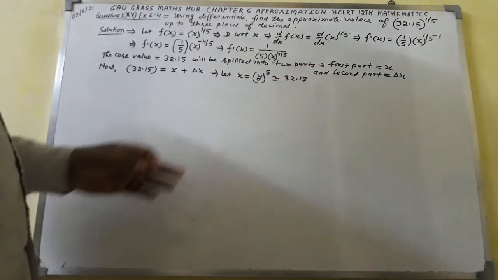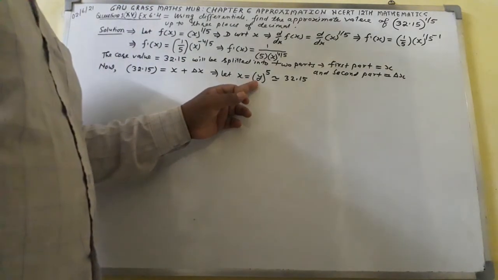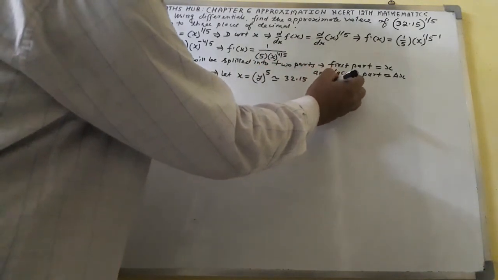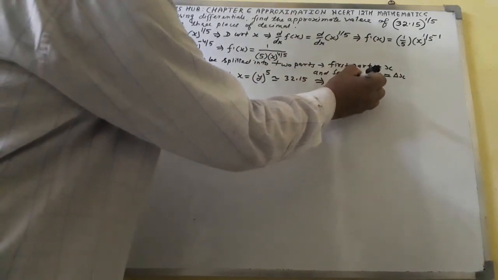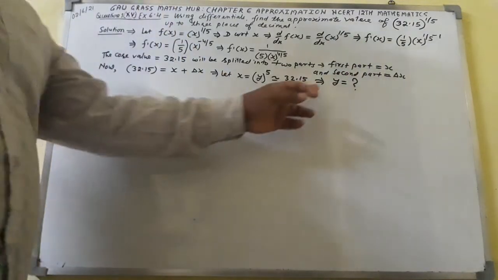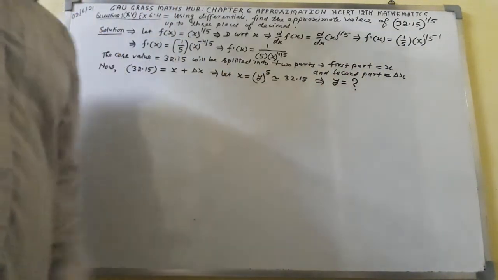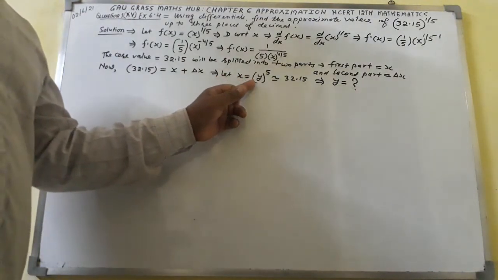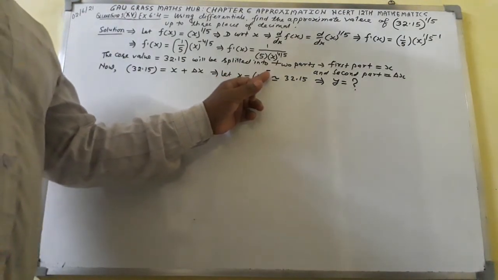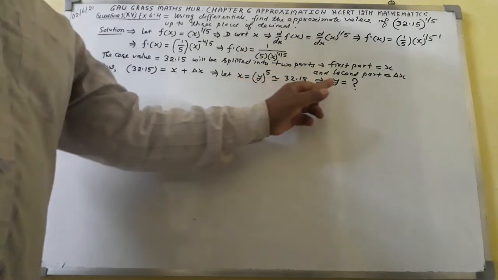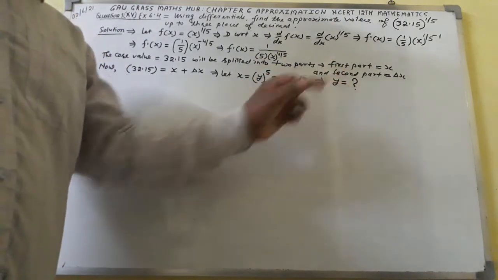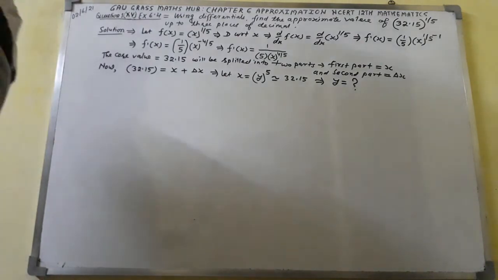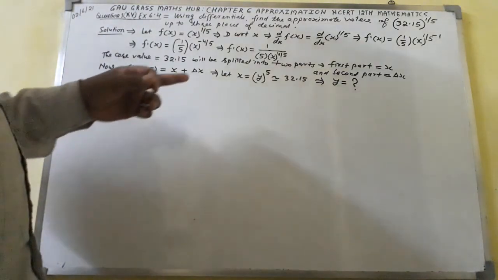What to do now? You have to find the value of y, where y raised to the power 5 is approximately 32.15.